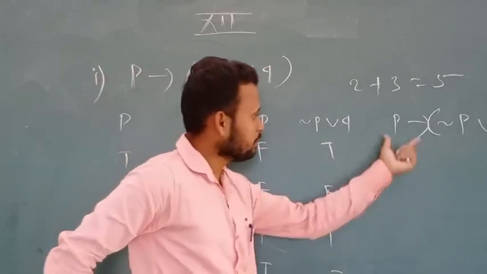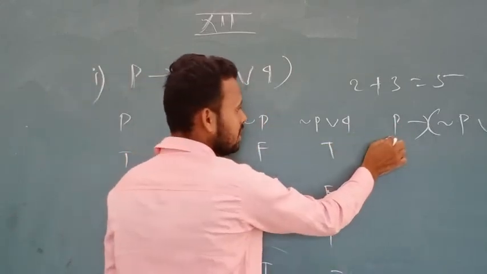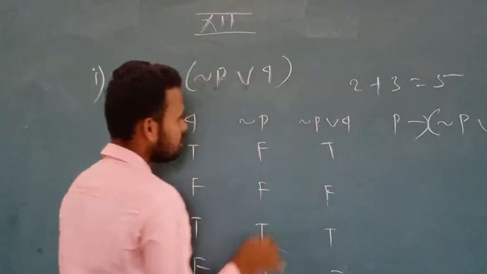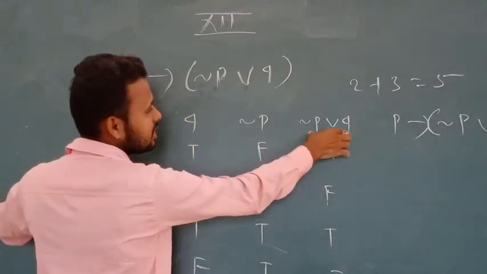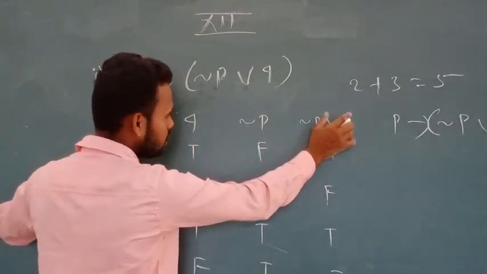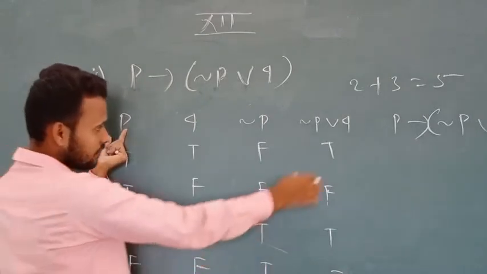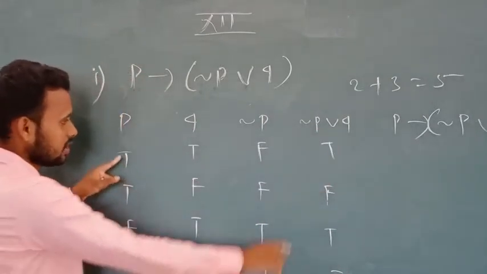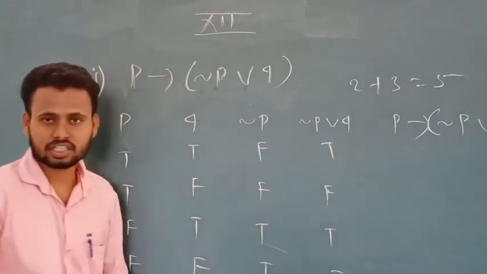Now next what? If-then means P if-then this statement. Here P, and if-then this statement, negation of P join with Q. Now in that, P if-then this statement, means for these two columns we will take the conditional.